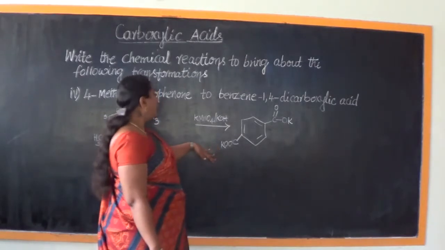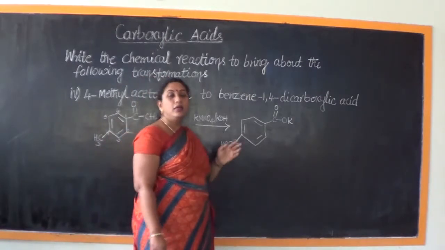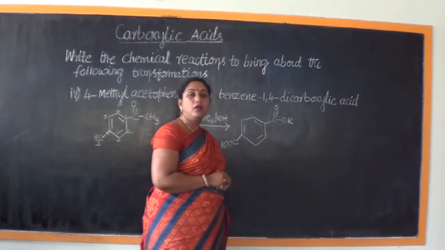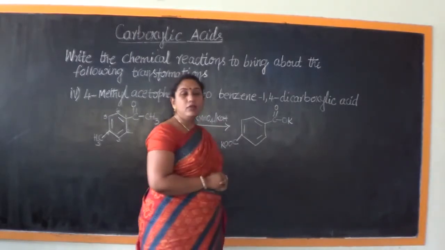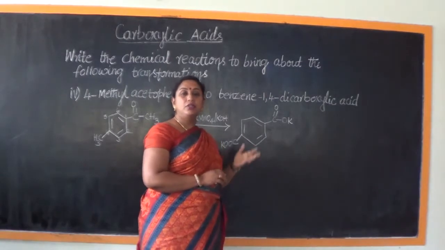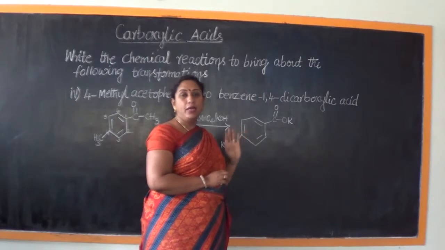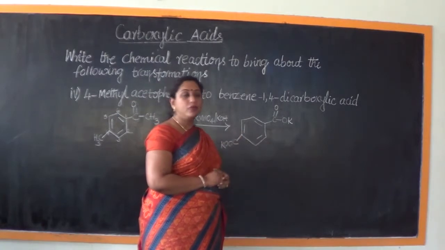So what would have happened to this CH3 and the hydrogen that's coming out? The CH3 will go out with further oxygen, and along with the potassium, they will settle down as CH3COOK, that means potassium ethanoate, and the hydrogen going out will form molecules of water.